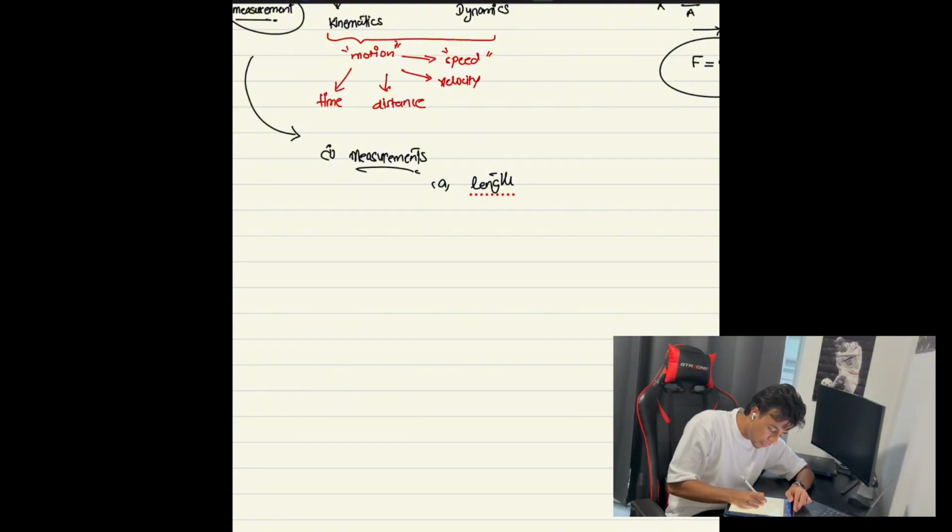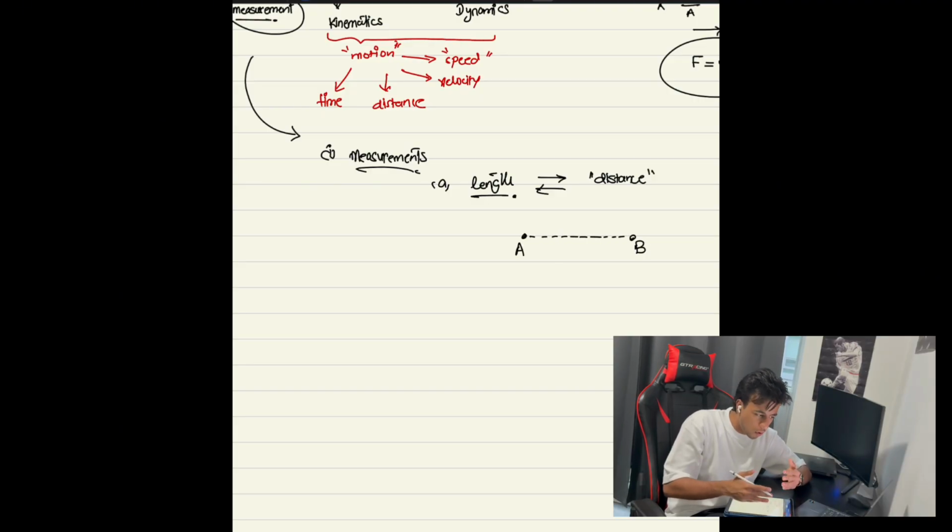So length really basically, in easy terms, is called distance. As simple as that. So distance and length are very interchangeable terminology. So from point A to point B, if a human being or a car or a machinery or an airplane ends up traveling a certain distance, right?